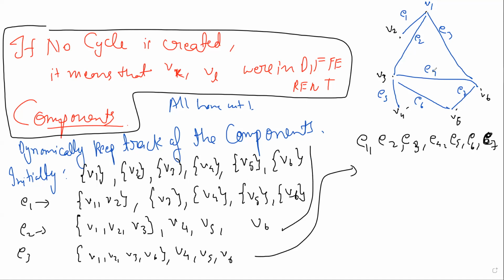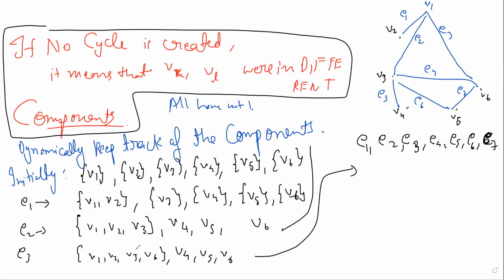Now when E4 comes in, you see it creates a cycle. You can see that from the graph, but you don't want to be seeing that from the graph. See the definition of E4: E4 is V3, V6. Forget that you can see it in this graph. It's clear here, but if it's a big graph, maybe you cannot. So when E4 comes in, you have to look at V3 and V6.